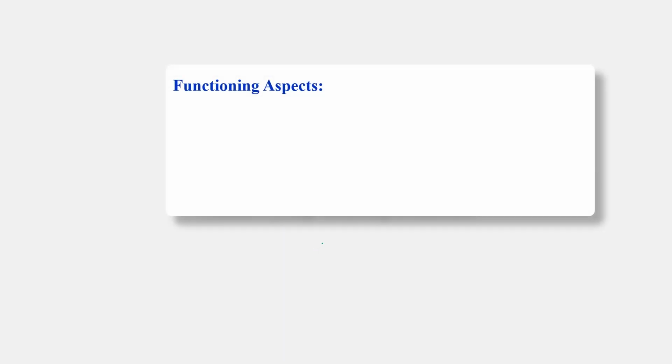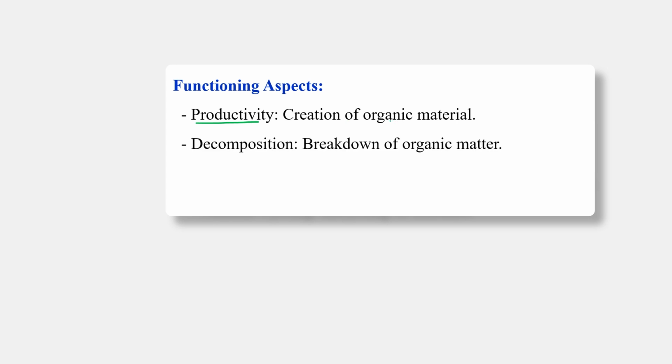Now the functioning aspect of an ecosystem. Functioning aspect means productivity. Productivity means creation of organic material. Obviously it is mainly plant material that is responsible for the creation of organic material, right?